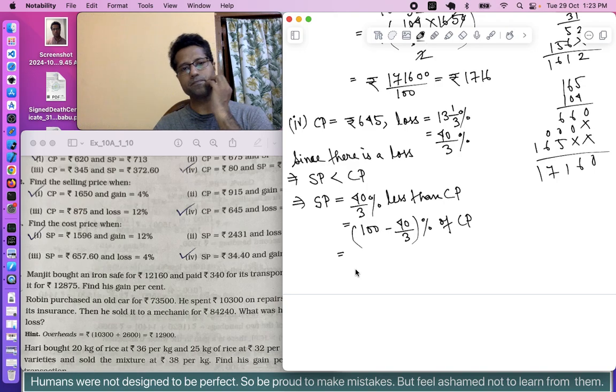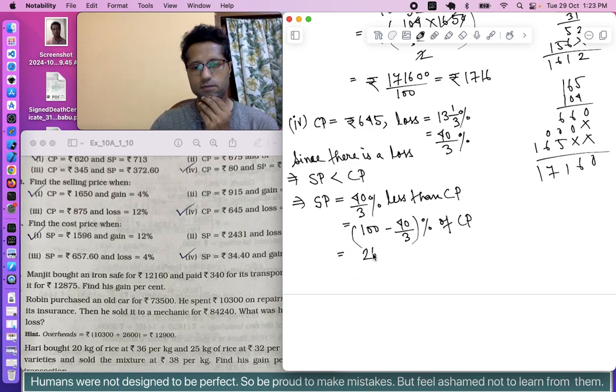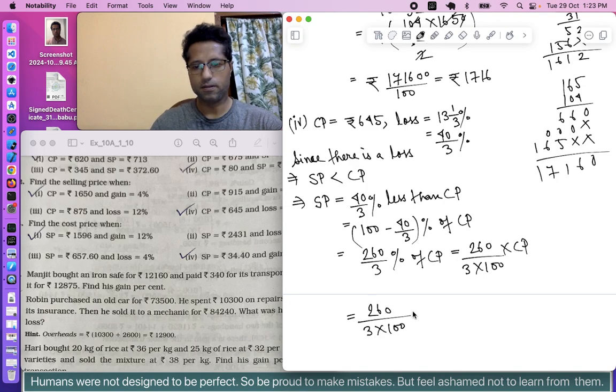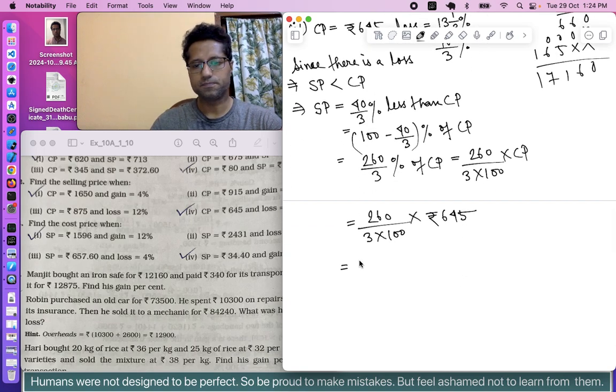If you simplify 100 minus 40 by 3, this becomes 260 by 3 percentage of CP. This is equal to 260 by 3 divided by 100 multiplied by CP. This becomes 260 divided by 3 multiplied by 100 multiplied by CP, which is given to be rupees 645.